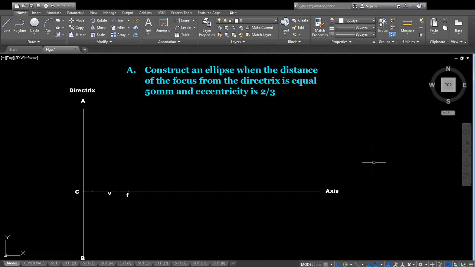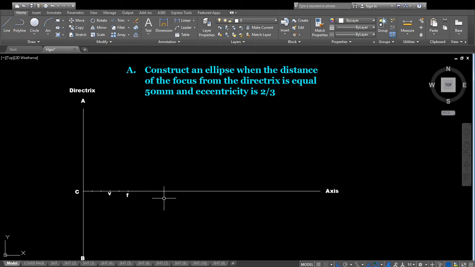You know now that an ellipse has its eccentricity always less than 1. Always less than 1. And with this method we'll be doing and proving that fact, and then prove some other laws of ellipse towards the end of the video as well.